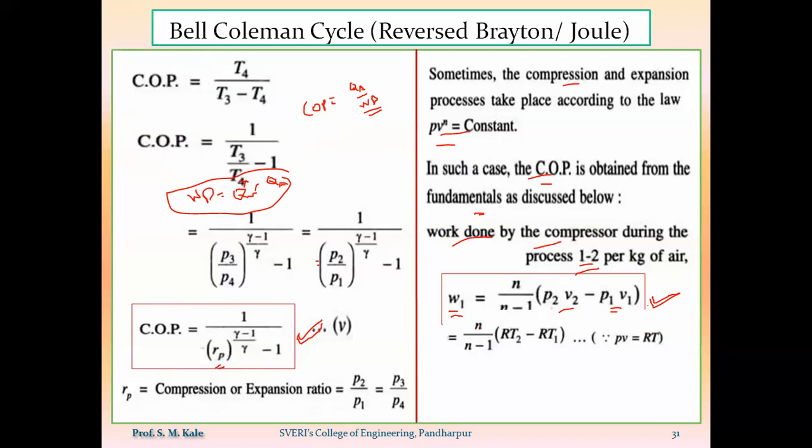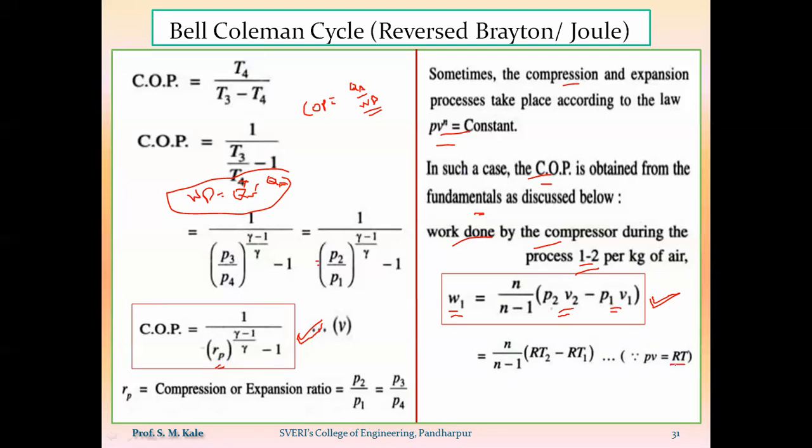In the similar fashion, as we are going to consider the gas as an ideal gas, instead of PV we can put the value as RT. We have not taken mRT because here we are considering per kg of air. So as we are considering per kg of air, PV is equal to RT instead of mRT, where R is called the characteristic gas constant and T is temperature.